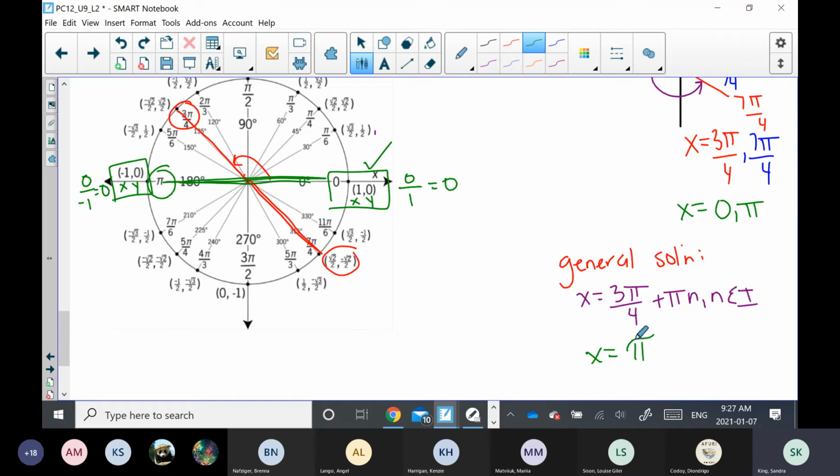And how we write this one, if you have pi, instead of adding pi n to it, what we just do is if your answer is pi and it falls on a straight line, you just do pi n. N belongs to the set of integers. Because pi times 1 would take you here, and then pi times 2 would take you here. If I put a 3 here, 3 pi would go back here. 4 pi would go back there. So this is how we write the general solution. So just make sure that you are comfortable with that.